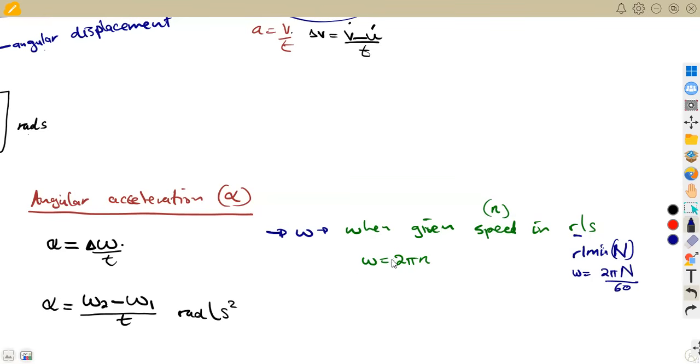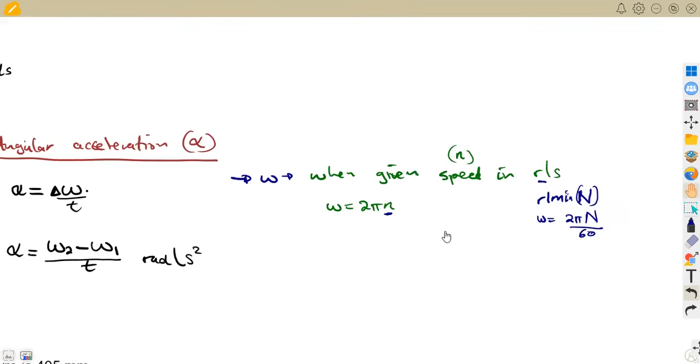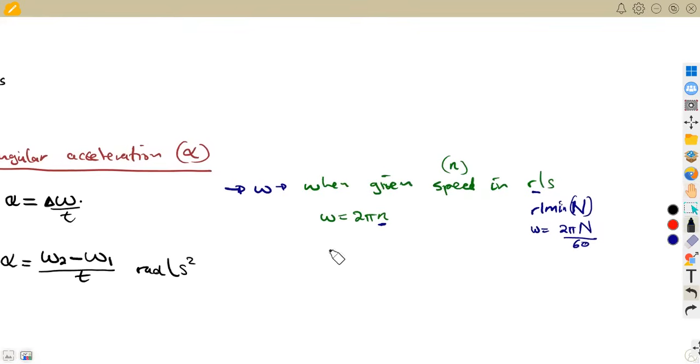So if omega can be given as 2 pi n like this, it means we can even calculate our angular acceleration. Please be very careful on this part. We can calculate the same angular acceleration in terms of n, with omega being given from the speed.